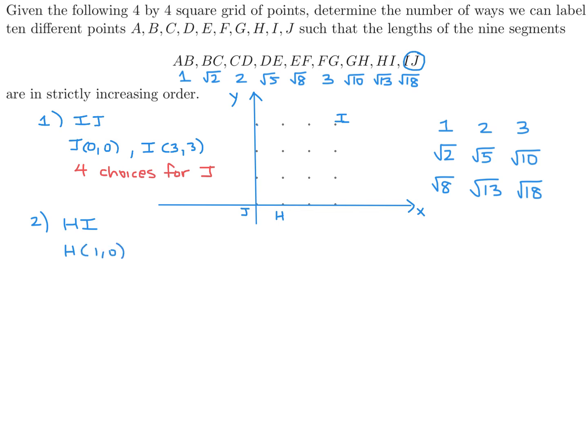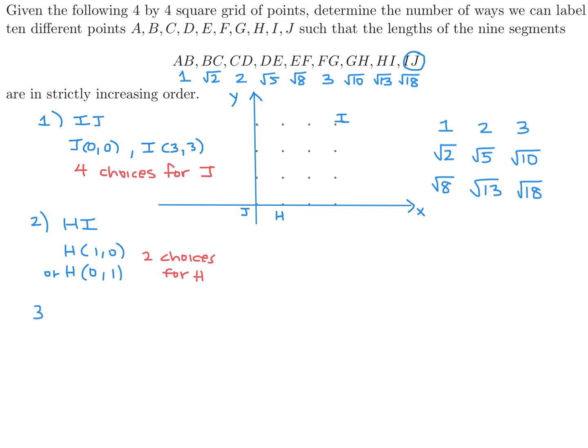I've actually got 2 choices. H could also go here because that would also make it root 13. I'm not going to label it on the diagram, but H could also be 0, 1. So I have 2 choices for H.